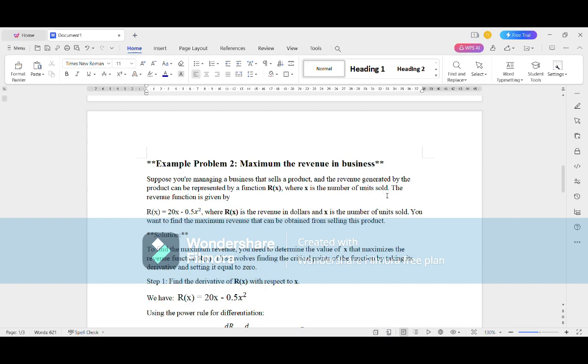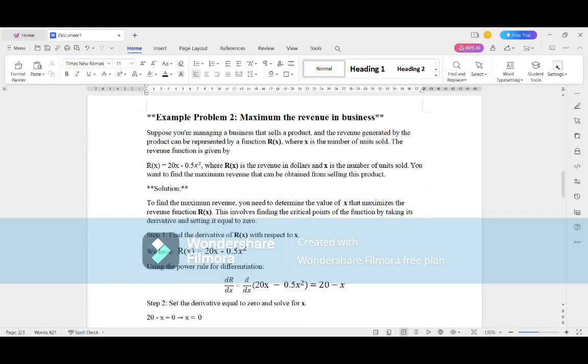The revenue function is given by R(x) = 20x - 0.5x^2, where R(x) is the revenue in dollars and x is the number of units sold. You want to find the maximum revenue that can be obtained from selling this product.